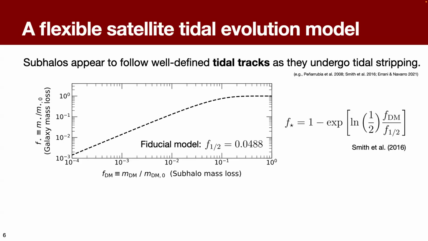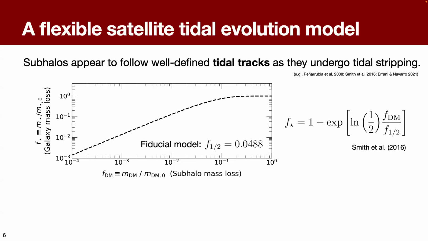And because of that, we use this tidal track model to estimate the stellar masses of our satellite galaxies at times subsequent to when they fall into their host potentials.